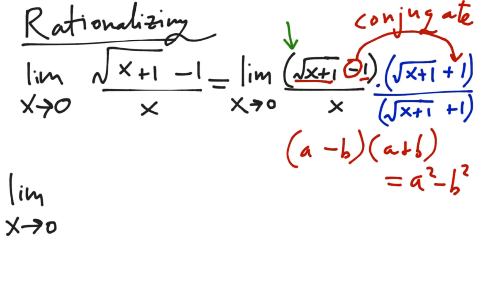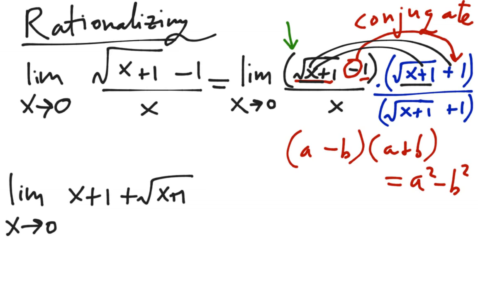Our first term is going to be the square root of x plus 1 times the square root of x plus 1, which is just x plus 1. Very nice. The cross term, if we do our FOIL, so first outer is going to be plus square root of x plus 1. Then we're going to have a minus square root of x plus 1. And then the last term is going to be the negative 1 times positive 1, which is simply a minus 1 there.